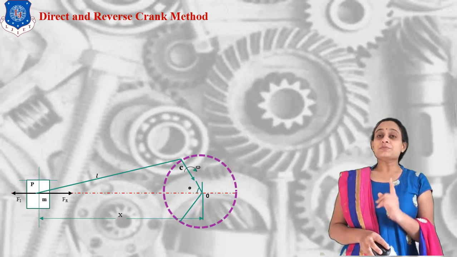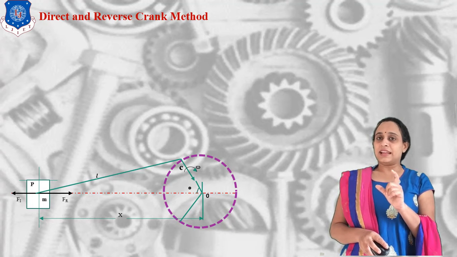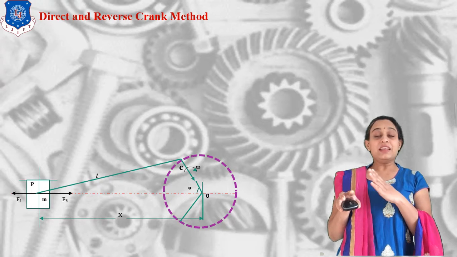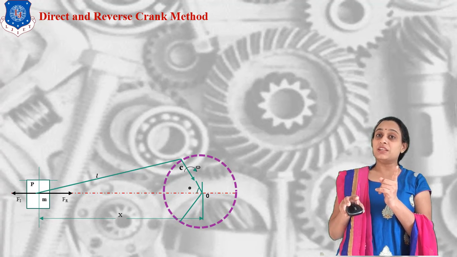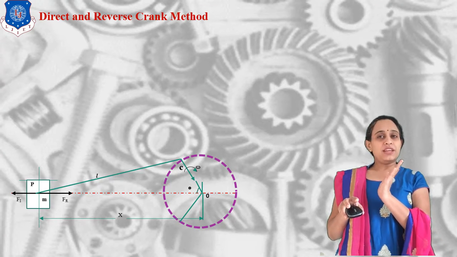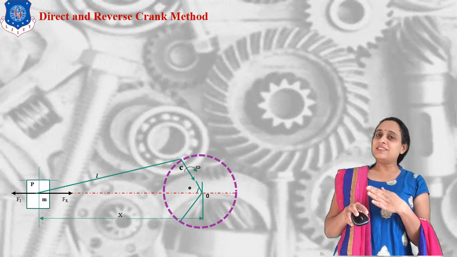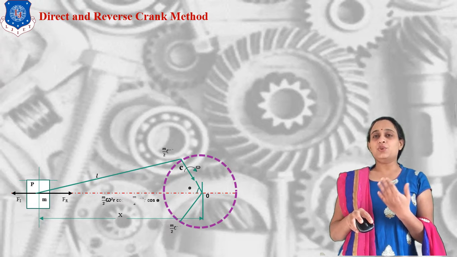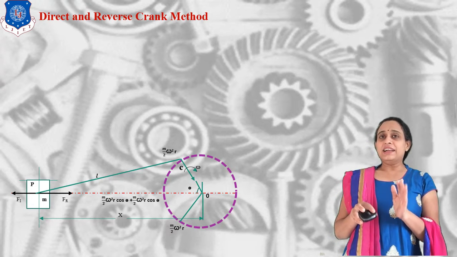Now imagine there is a crank and a mirror, and opposite to that mirror we get the image of the original crank. So here we have the original crank, and another one is the reflection of that. Now assume that we divide the mass.